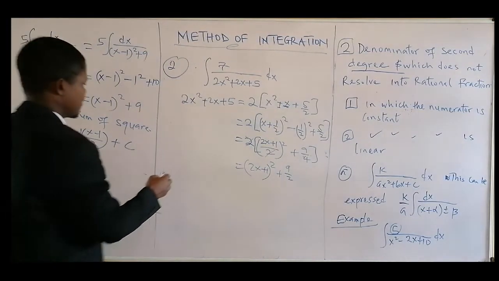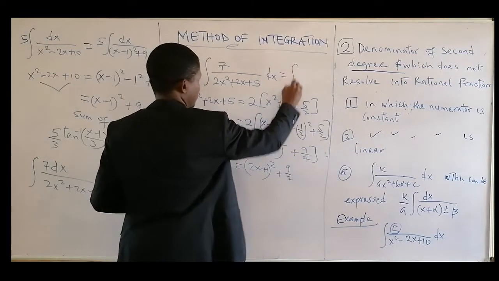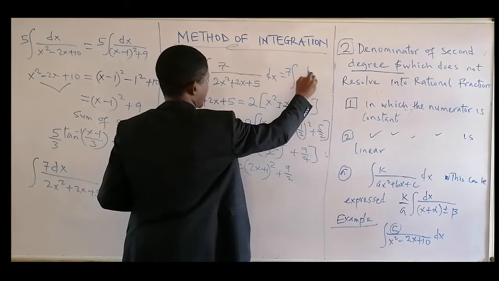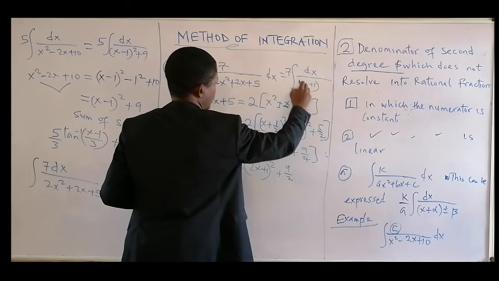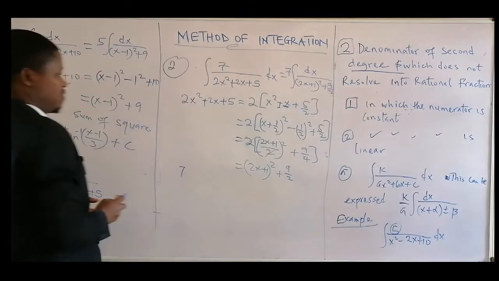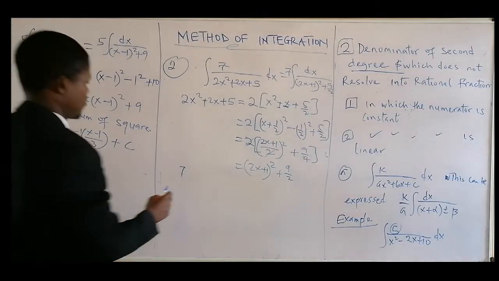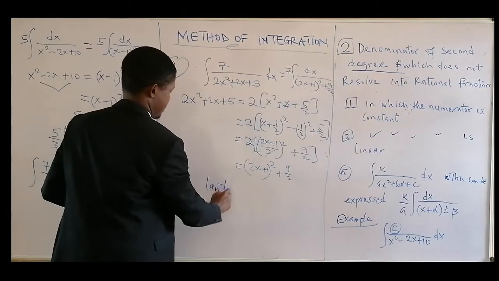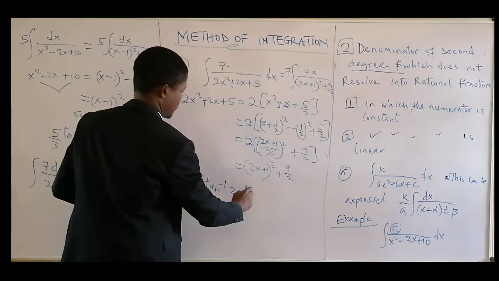Then we now have the 7, you can have it outside, and that will be dx over brackets 2x plus 1 squared plus 9 over 2. And that will be equal to arctan of 2x plus 1.